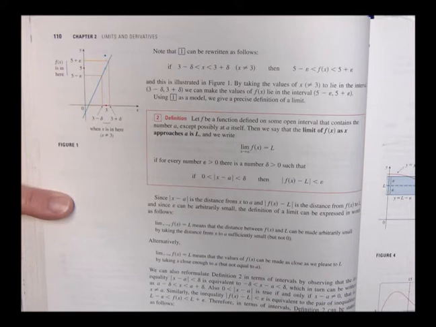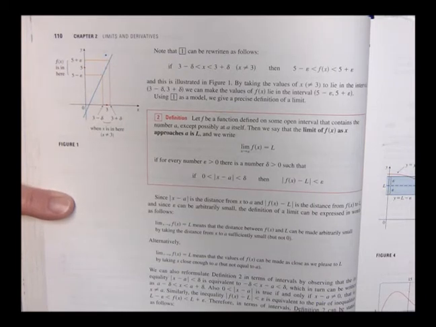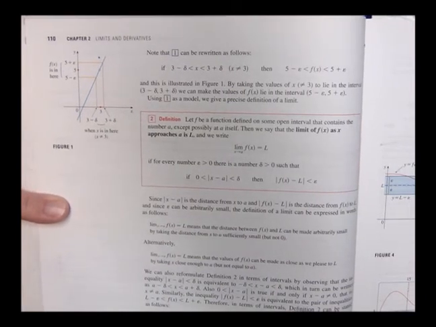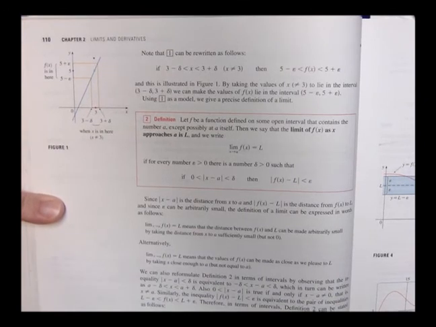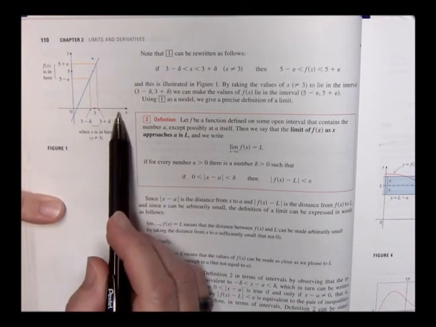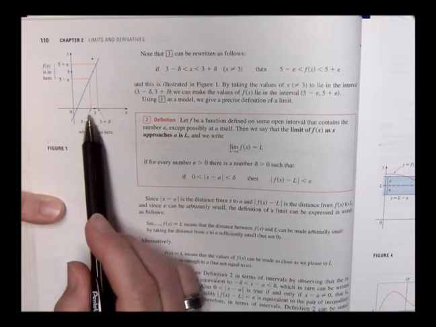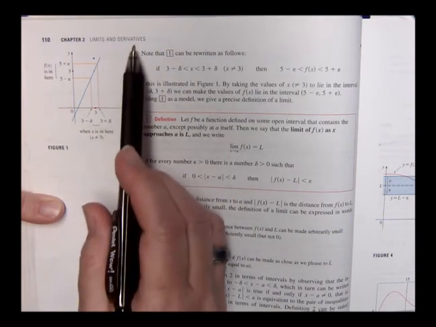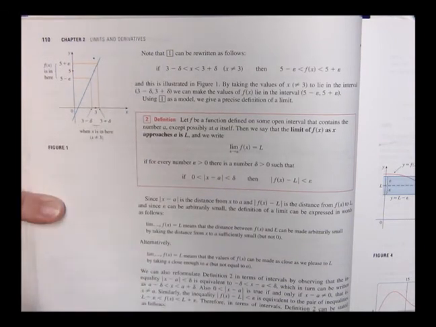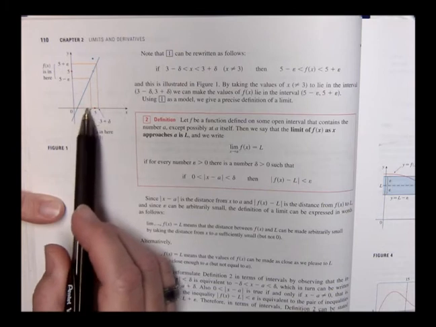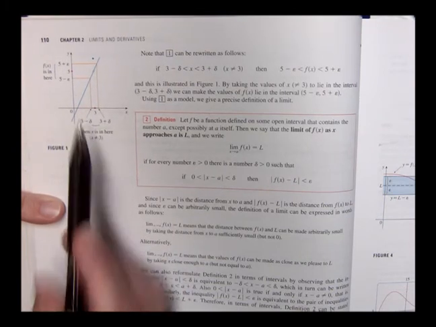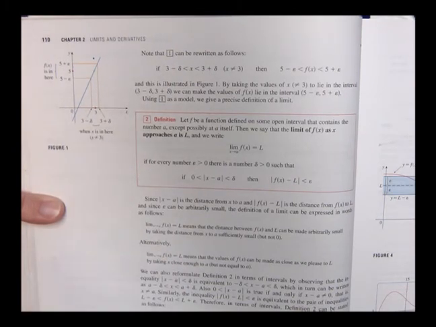So again, we're basically saying that we want this to be accurate. We don't want somebody just picking a number over here like 5 and saying we're close enough to 3 that we can find the limit, and the limit's going to be some number up here. We want to make sure that when we're doing limits that we are actually examining as close as we can to the point.